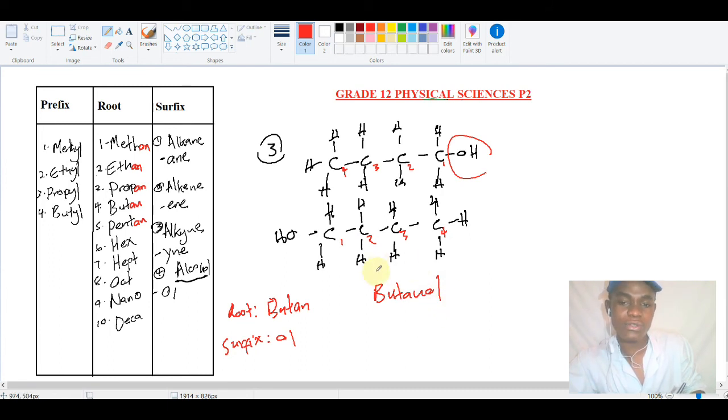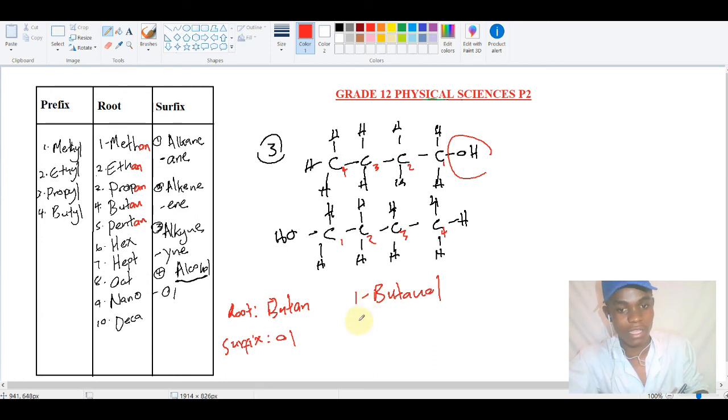right? The same story happens for alcohol, because you need to locate where your functional group is. If you say 1-butanol, that is very correct. But remember, when it's on the first carbon, it's not always a must to write 1-butanol. You can even say it's butanol, it's fine. Someone who knows chemistry will tell you that butanol means your alcohol is on carbon number 1. It's not necessary if it's on the first carbon, but it's necessary if it's not on the first carbon.